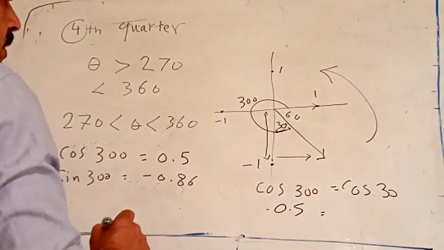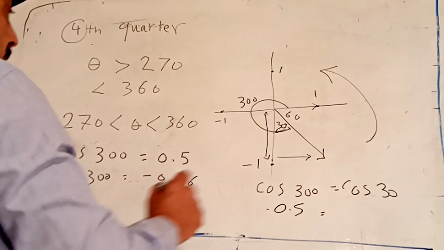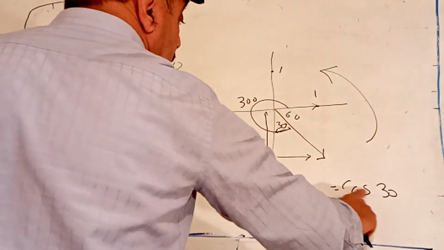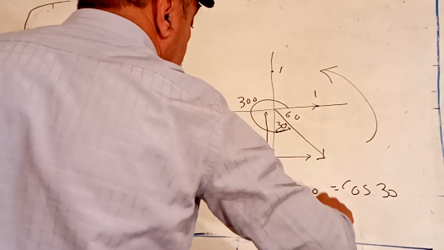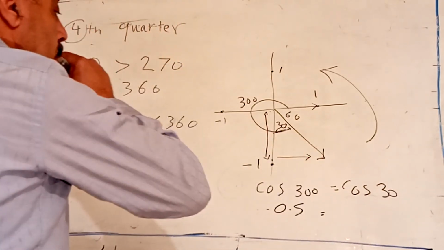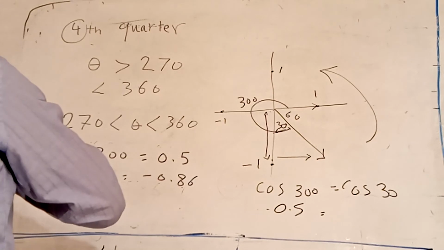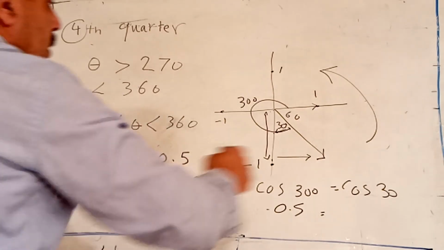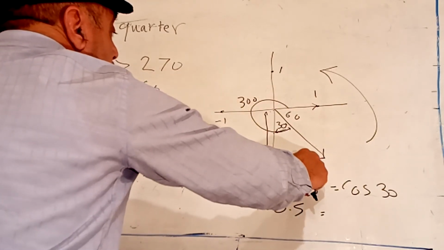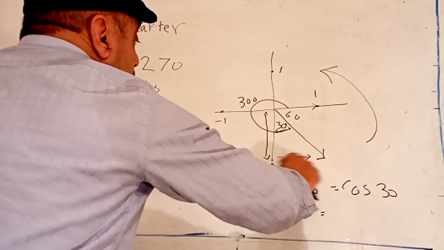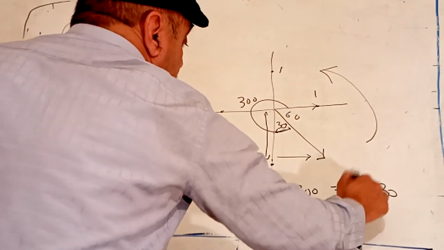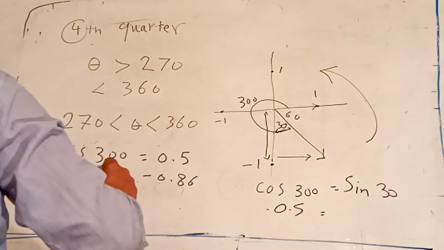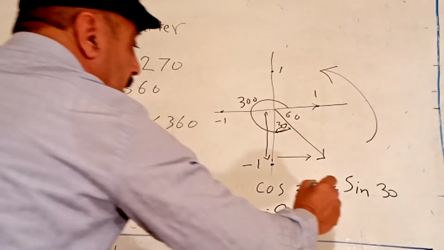And cosine 30, cosine 300, which is this one here, no, this should be cosine 30, right? Alright, how much is cosine 30? It's equal to 0.86. Cosine 300, is it equal? No, this should be sine 30. This one is sine 30, sorry. Are they equal? Yes. Sine 30 here is equal to 0.52.